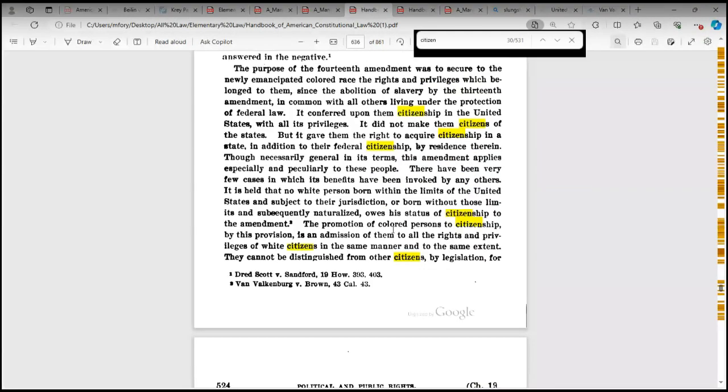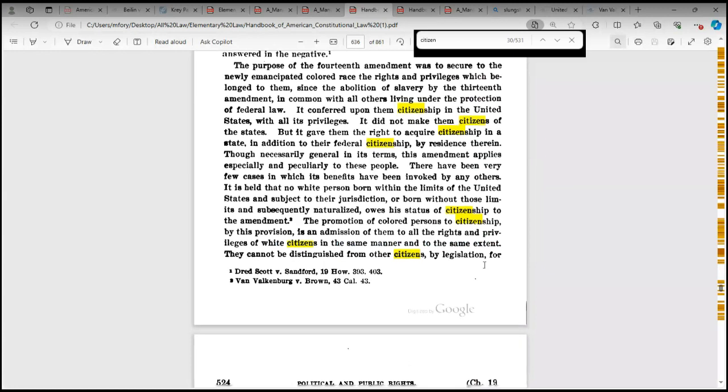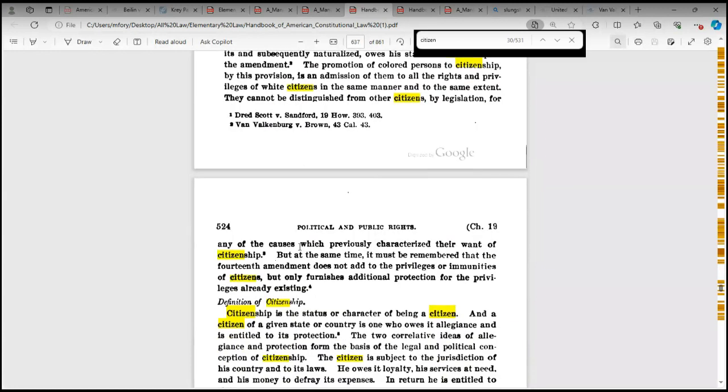The promotion of colored persons to citizenship by this provision is an admission to all the rights and privileges of white citizens in the same manner and to the same extent. They cannot be distinguished from other citizens by legislation for any of the causes which previously characterized their want of citizenship.